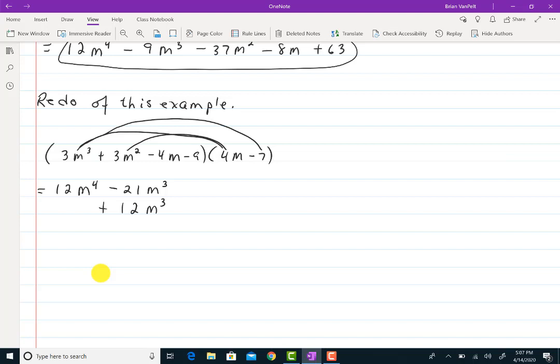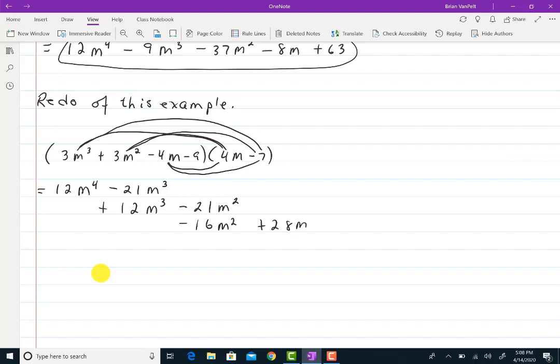Anyways, 3m squared times negative 7 will be negative 21m squared. Now I'll move on. Negative 4m times positive 4m will be negative 16m squared. See how I snuck it under the other m squared. Negative 4m times negative 7 is positive 28m.